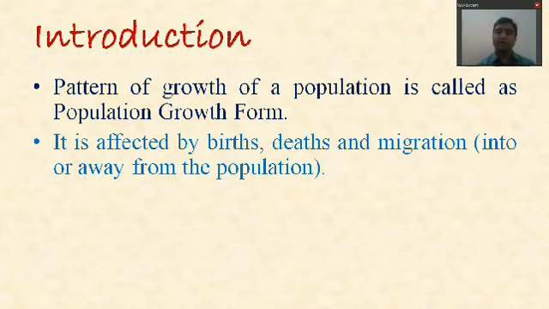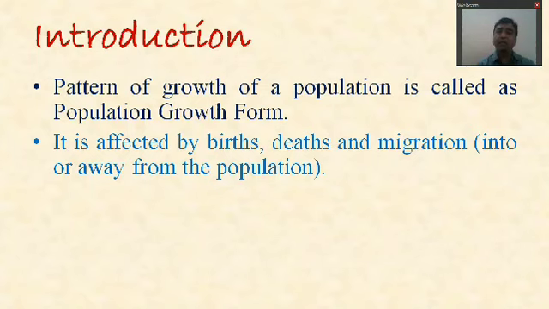So migration occurs if that particular habitat is insufficient to fulfill the requirements of the species, for example, space or food or shelter. At that time, some of the individuals of that population migrate towards another habitat.